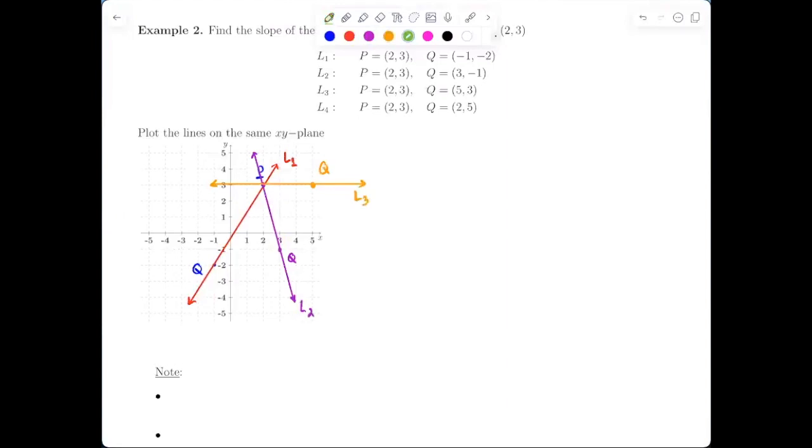And the last one, the point Q is (2, 5). So this is line 4. Now, can you calculate the slope of each line? That means you need 4 different calculations here. You got the idea? Any questions?